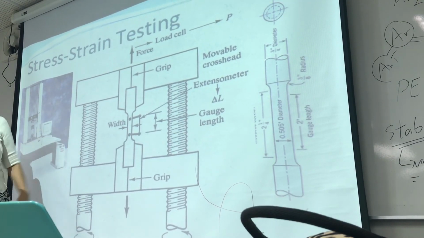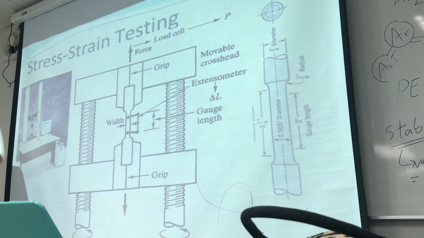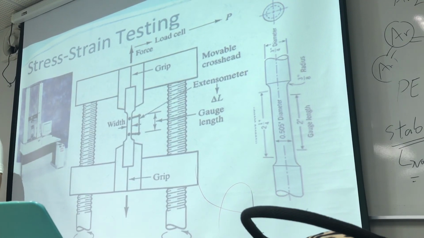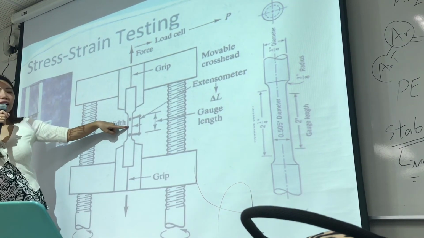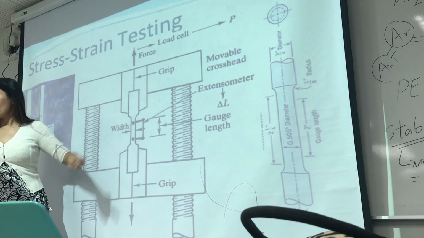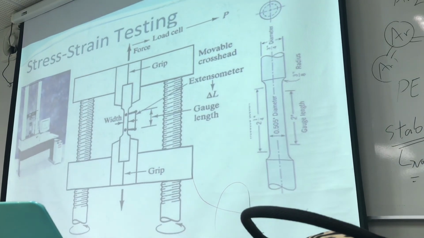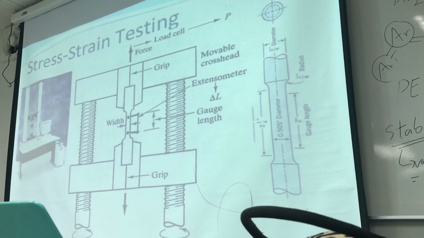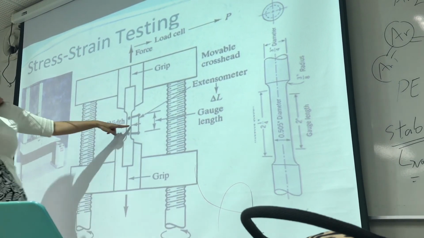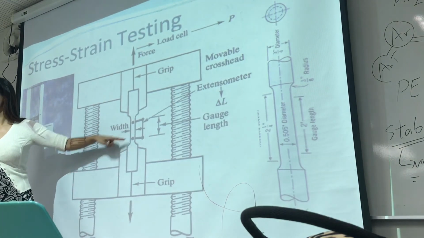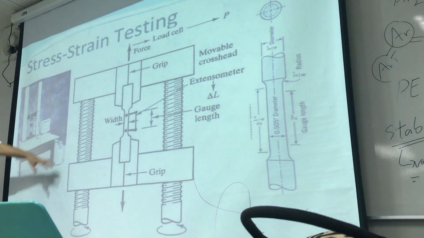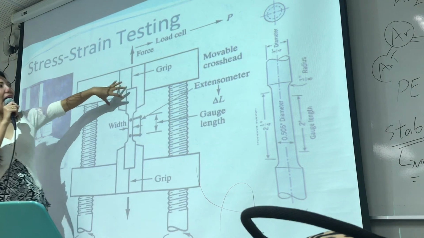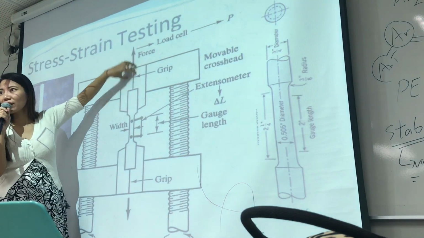Basically, when you want to measure the stress, what do you do first? You measure the size right here, because stress is force over area. So you need to measure the size so that you know the cross-sectional area right here. Then you start the machine and it records the force.